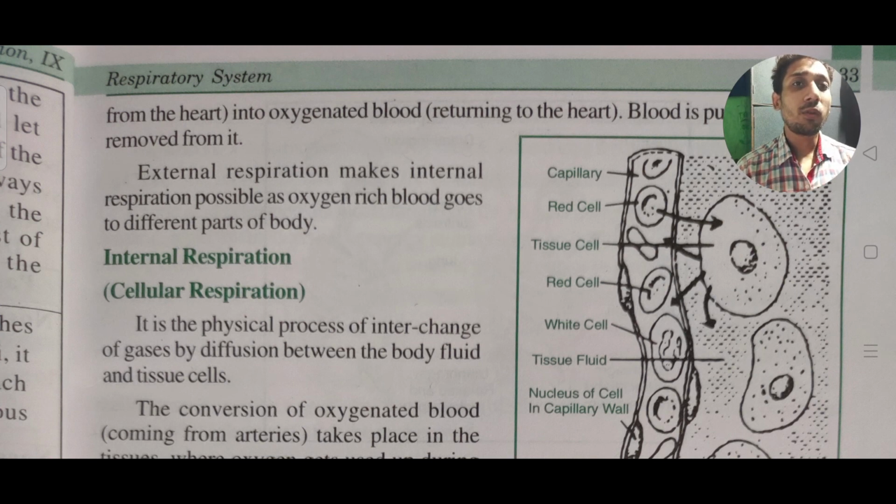In the meanwhile external respiration takes the deoxygenated blood, removes the carbon dioxide, mixes oxygen into the blood, and returns it to the heart so that the heart can pump it to all of our body. And the whole procedure is respiration. So external respiration makes internal respiration possible, as oxygen-rich blood goes to the different parts of the body.